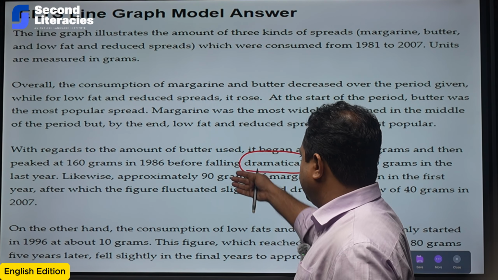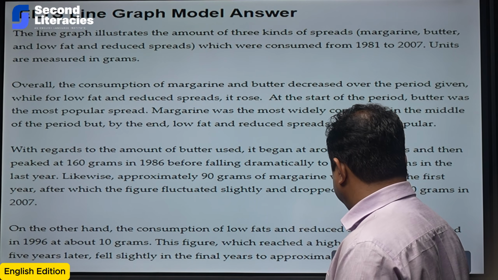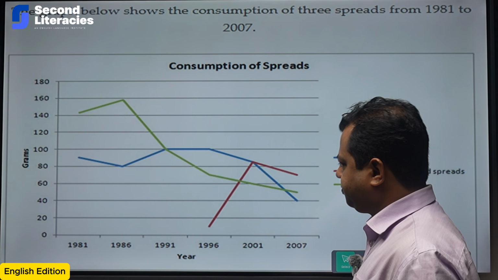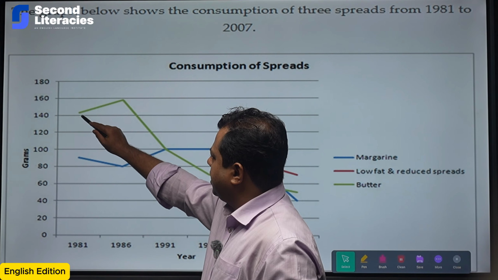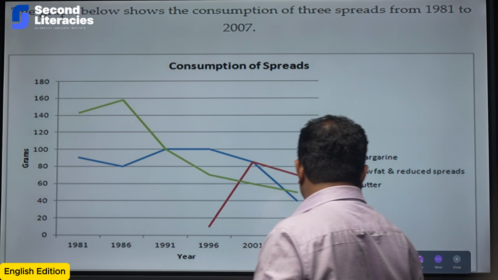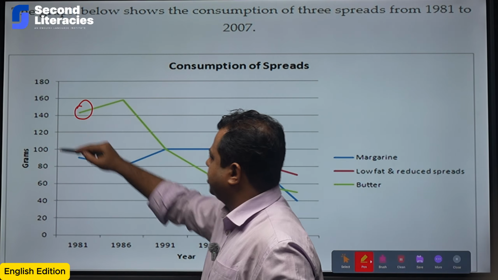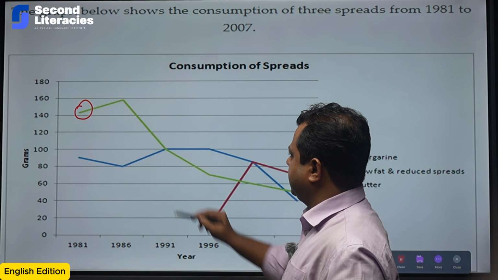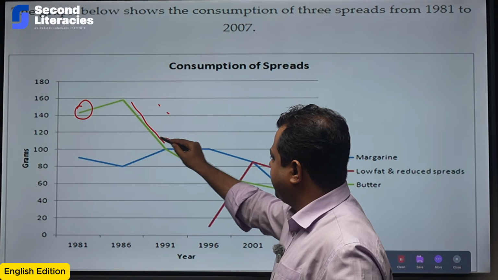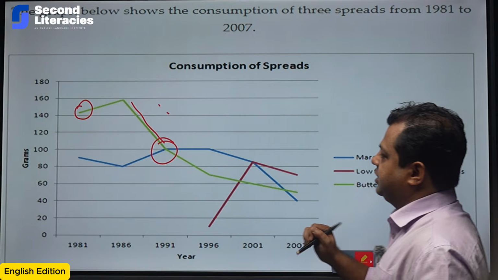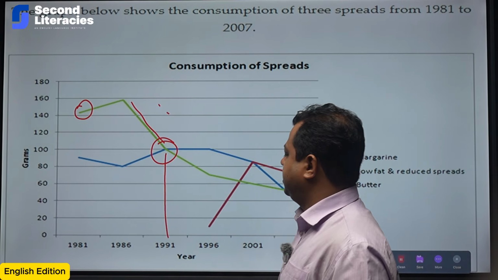When you see the graph, let's go to the graph first. We can understand what is actually the dramatic fall. You see, this one has a certain fall. This one, butter, is a very high consumption in 1981. It decreases, but dramatically, both butter and the margarine, same fall in 1991.